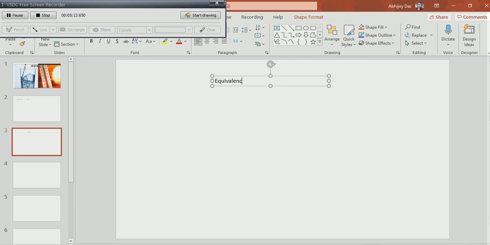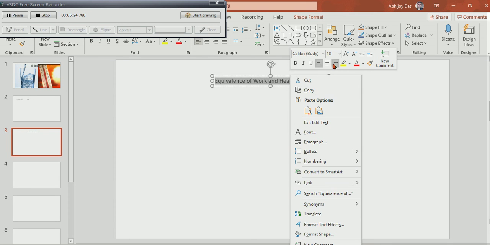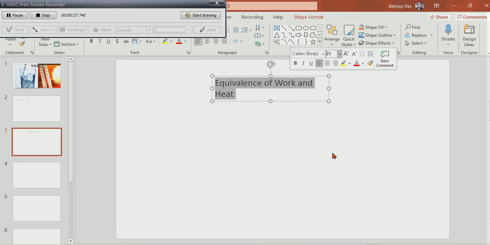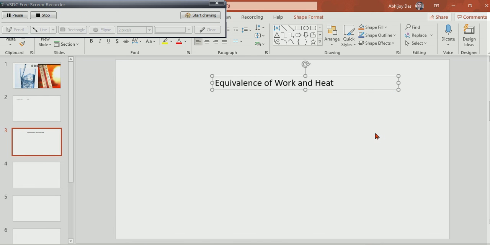How much work you are doing ultimately will be converted to heat, and if there is heat energy, some work has been done. So from Joule's law we can write that work and heat are proportional to each other.